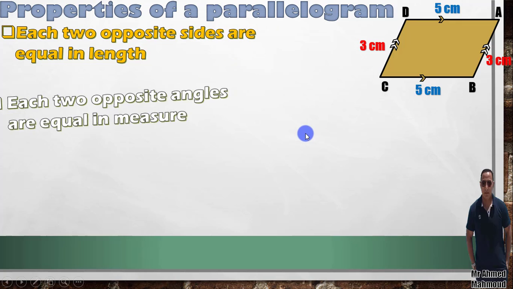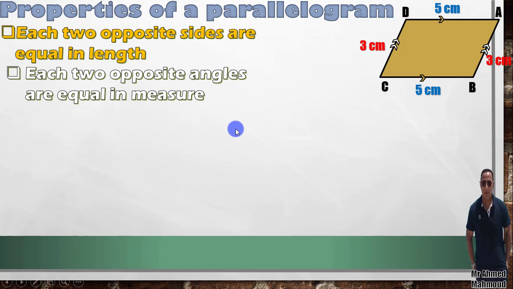Property number two is related to the opposite angles. What are the opposite angles? A, B, C, D are four angles. I can classify them: A and C are opposite angles, B and D are opposite angles. A and B are called consecutive angles, B and C consecutive, C and D consecutive, D and A consecutive.